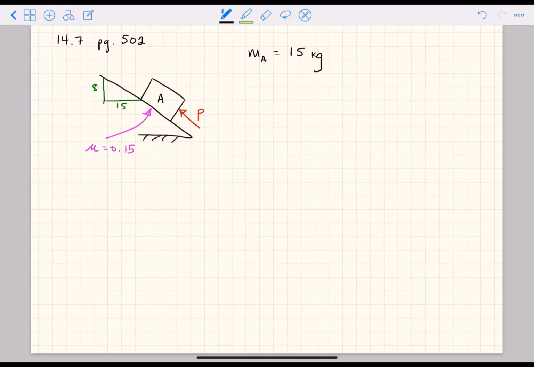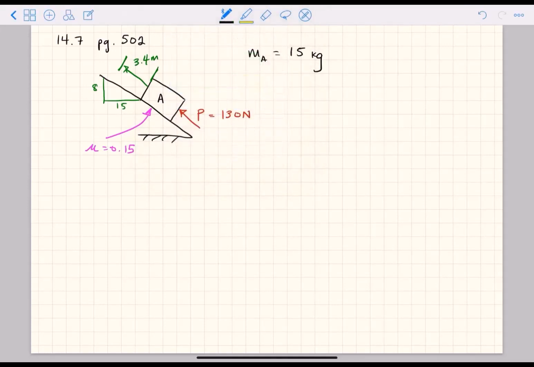It says that it's pushed up the slope by a force P, as shown there, but force P is equal to 130 newtons. Now it is pushed up the slope, so it would be a good idea to include that distance, that being the starting point, going up to a spot that is 3.4 meters further up the slope.